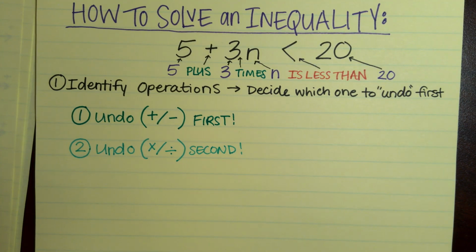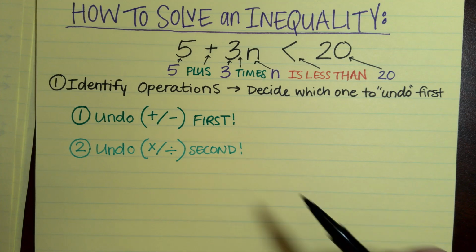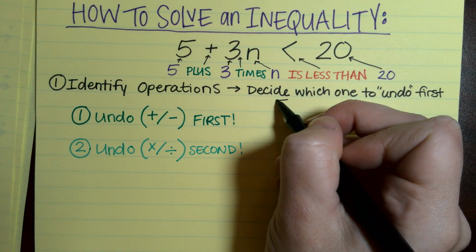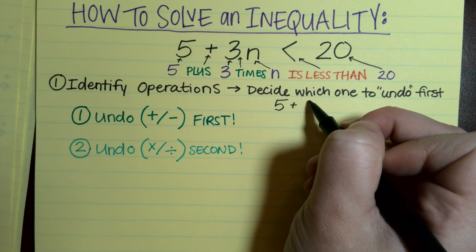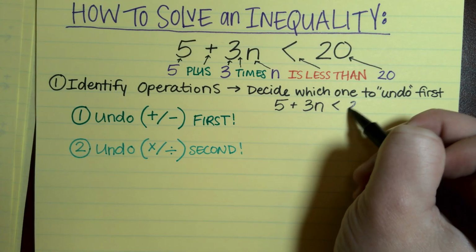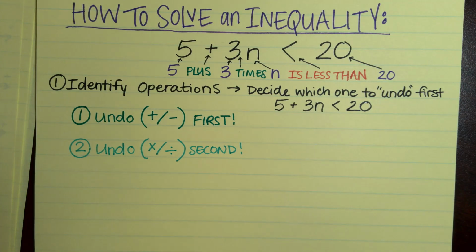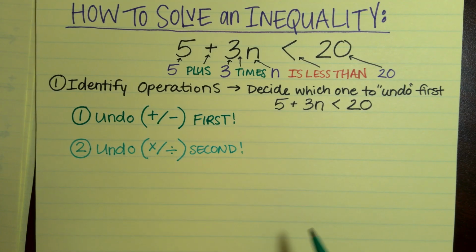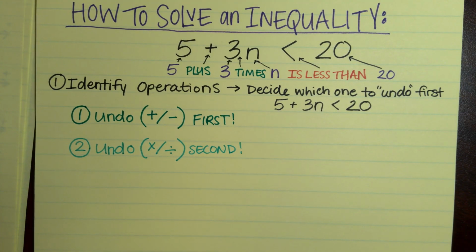So I'm going to rewrite that inequality down here, and beside these steps that we wrote out, we're going to do them. So I had 5 plus 3 times n is less than 20. So you guys just told me we're going to undo addition and subtraction first. So what number am I adding or subtracting?